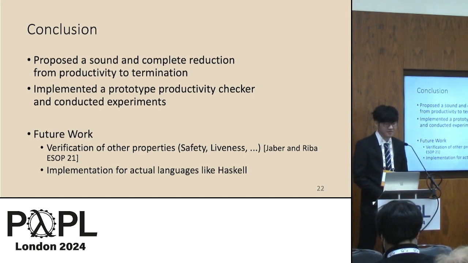Then we confirmed the effectiveness of our method for some instances that previous tools can't handle. In future work, we aim to support other properties such as safety and liveness. We also aim to implement our productivity checker for actual programming languages like Haskell. Thank you for listening.